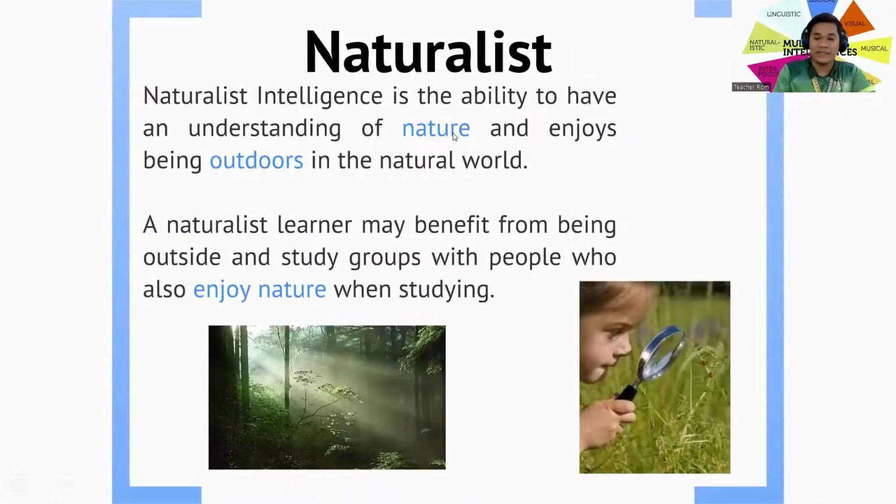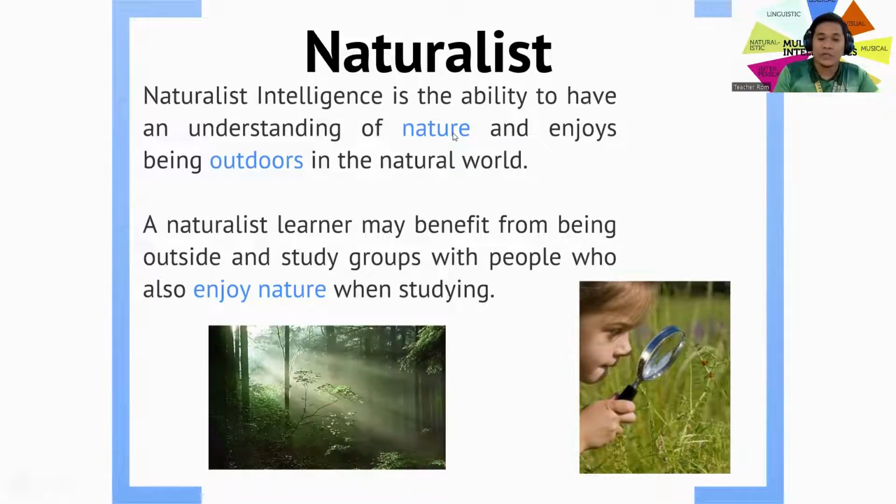Next intelligence is naturalistic. So naturalistic intelligence is the ability to have an understanding of nature and enjoy being outdoors in a natural world. Kaya may mga students na gusto na, dito tayo sir, lalabas lang tayo, dito tayo mag-lesson. So these are naturalist learners.